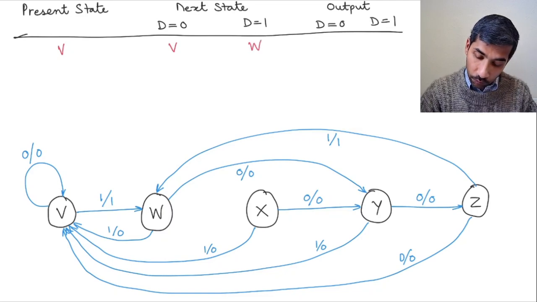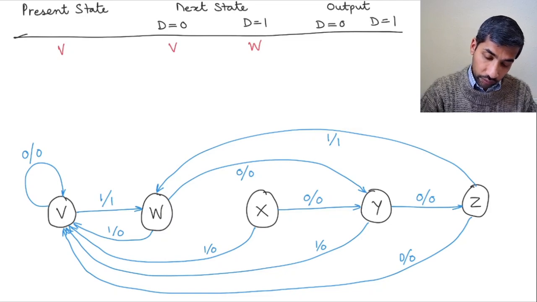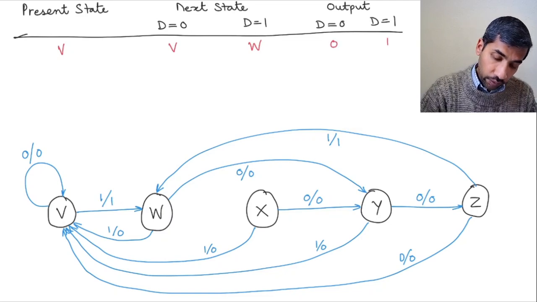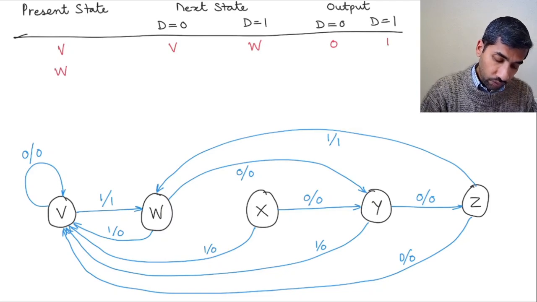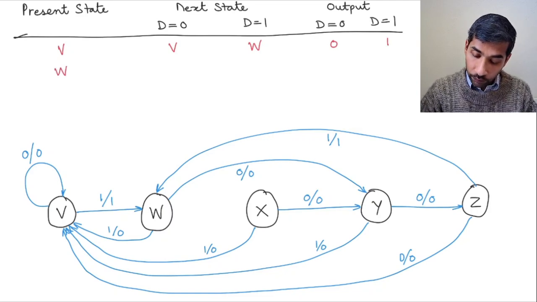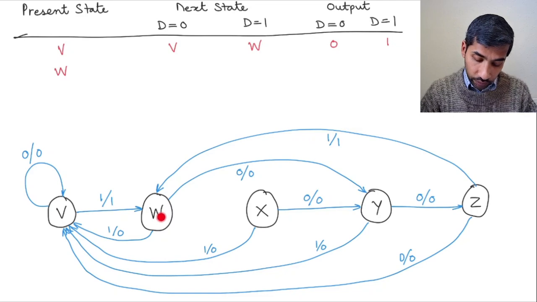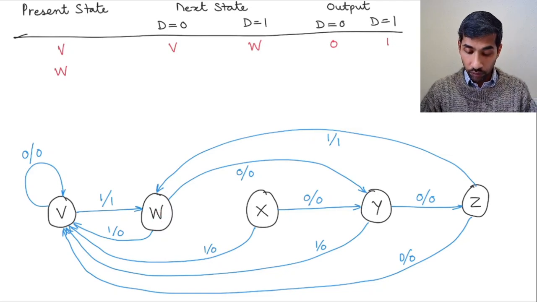And what are the outputs corresponding here? So when you have d equal to 0, your output is 0. And when you have d equal to 1, your output is 1. So you can just write 0 and 1 here. Okay, so let's write the same thing for state w. So when you are on state w, if you get an input of 0, then you go to state y.